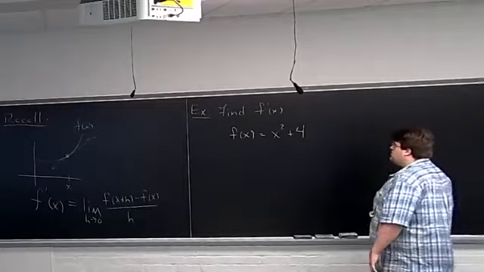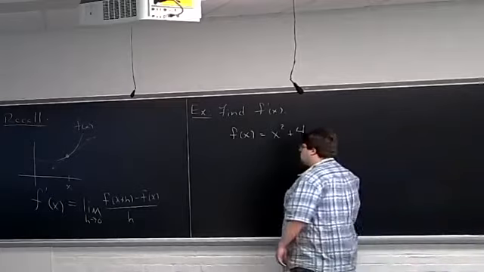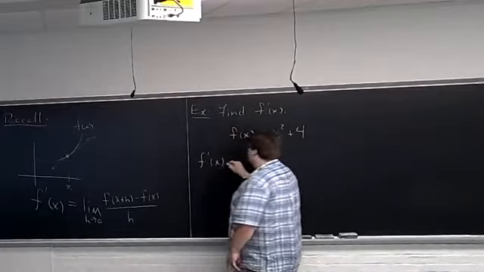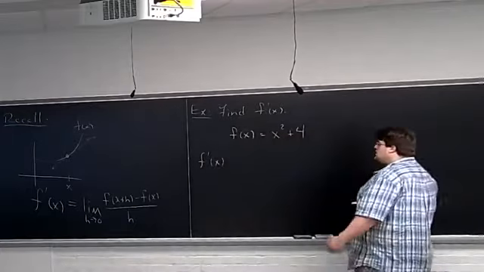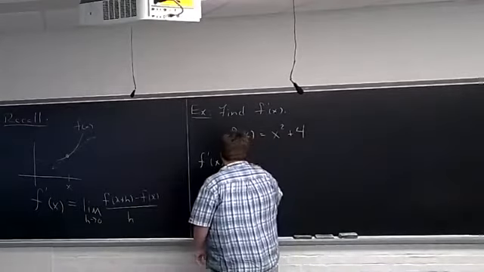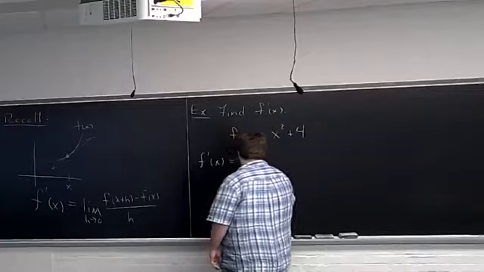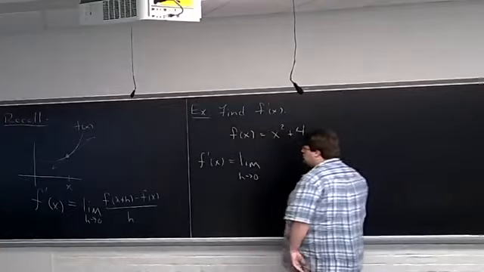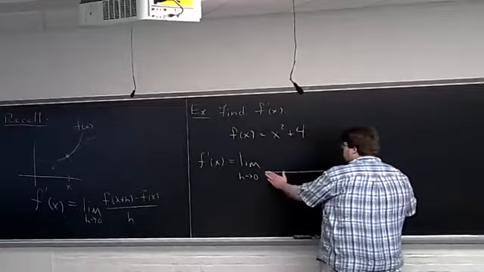So if we want f prime of x, we use this definition, given this function. That definition says the derivative is the limit as h approaches 0 of f of x plus h. What's f of x plus h?